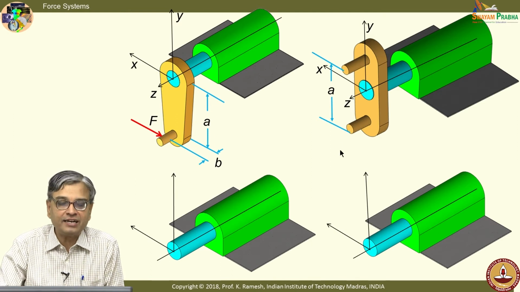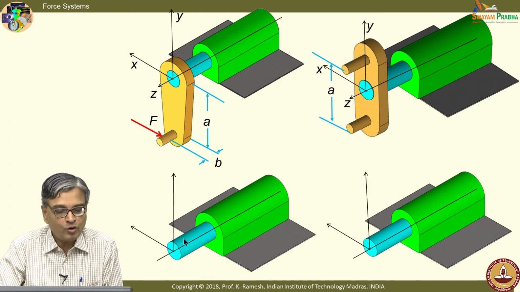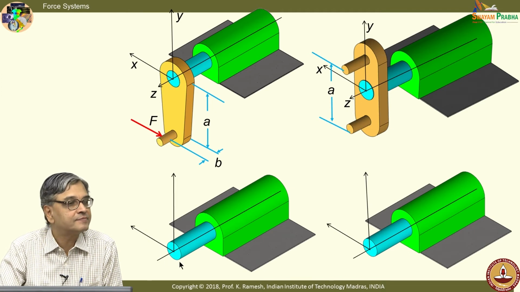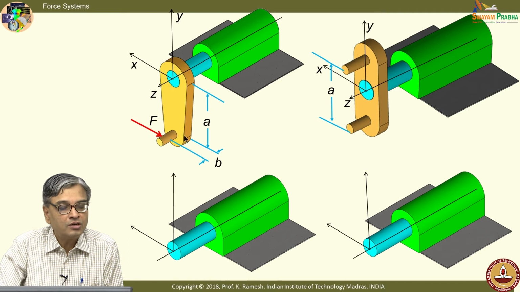What I have done here is, I have removed this handle, I have cut it, and this is what you are going to do in a free body. I will look at what are the forces that act at the end of the shaft, and I would do whatever we have done earlier. Now, I move this force to this place horizontally.